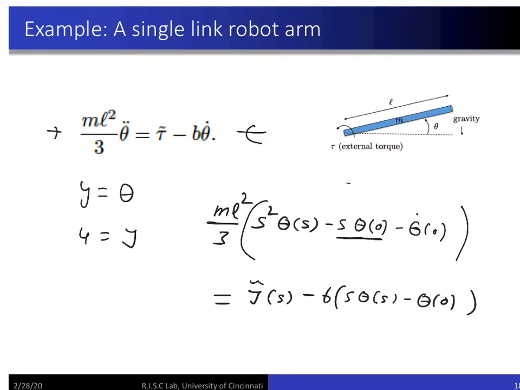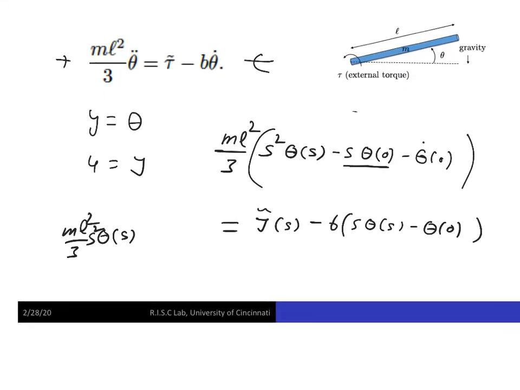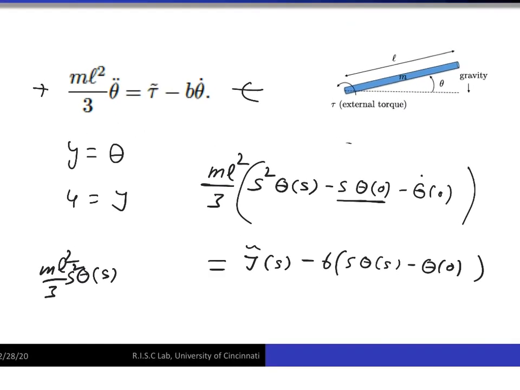So if the initial conditions are not 0, this is what we have, and then now we can segregate them, right? So mL squared by 3 s square theta s, right? So basically separate out terms, like things multiplied by theta s.